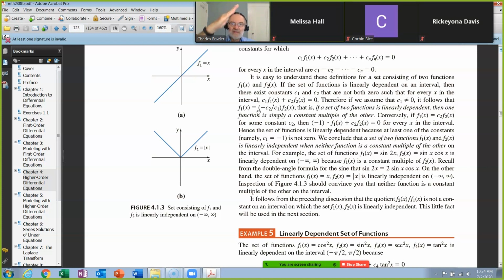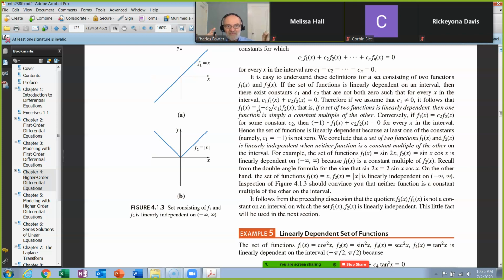So if you had one line here, a constant multiple of that would either be here or down here or somewhere else, but identically the same line, just a multiple of the other one. Okay? That's what that means, if they're dependent.